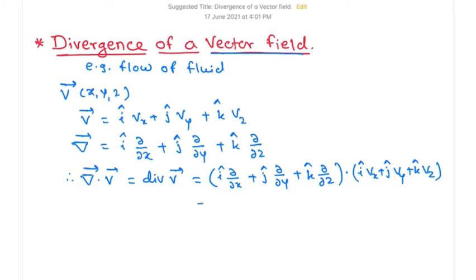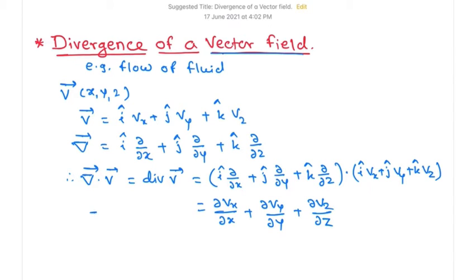The dot product of the two terms we simplify by taking i dot i is 1, j dot j is 1, k dot k is 1. Therefore, we get ∂vx/∂x plus ∂vy/∂y plus ∂vz/∂z.